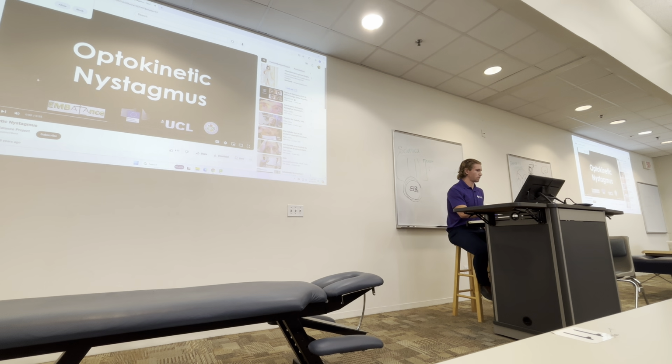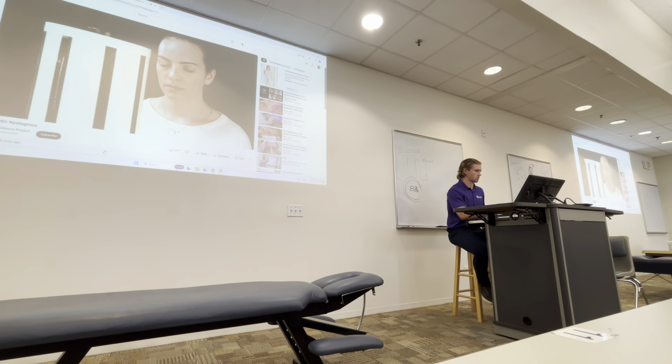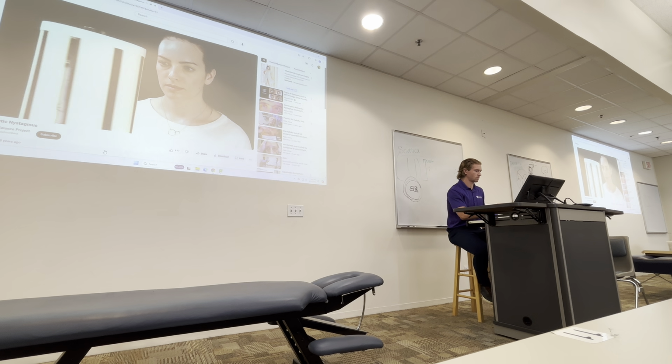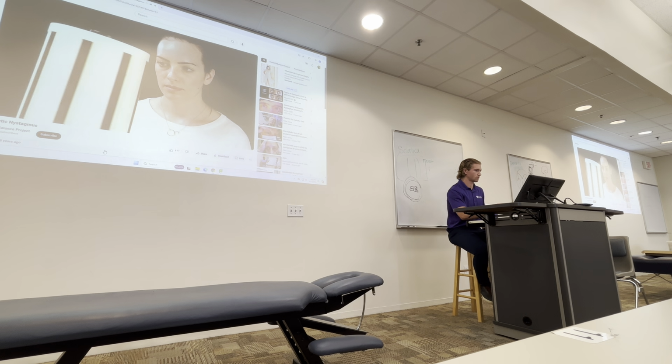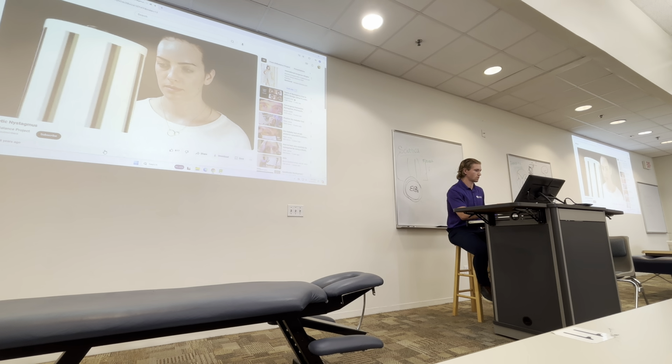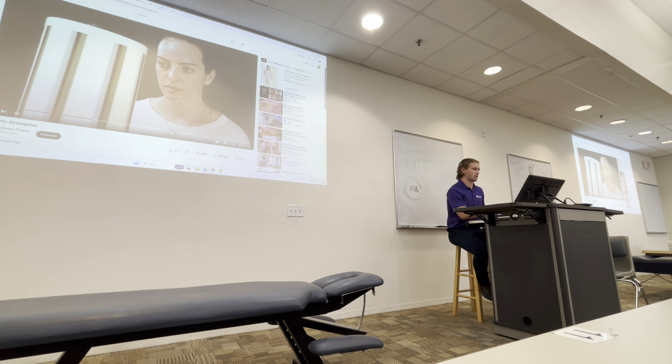But here, this video, you can kind of see what it would look like. And again, this is why you do both directions, because optokinetic nystagmus is a visually induced nystagmus that can be stimulated with a piece of striped material moving backwards and forwards in front of the patient's eyes, or with the striped drum as shown in the video.